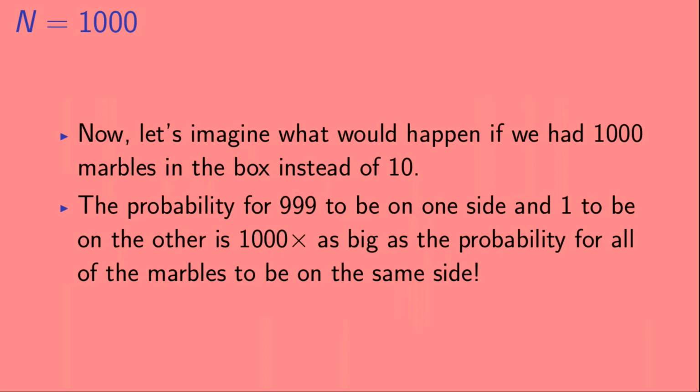Now, let's imagine what would happen if we had 1,000 marbles in the box instead of 10. The probability for 999 of them to be on one side and one of them to be on the other side is 1,000 times as big as the probability for all of the marbles to be on the same side.